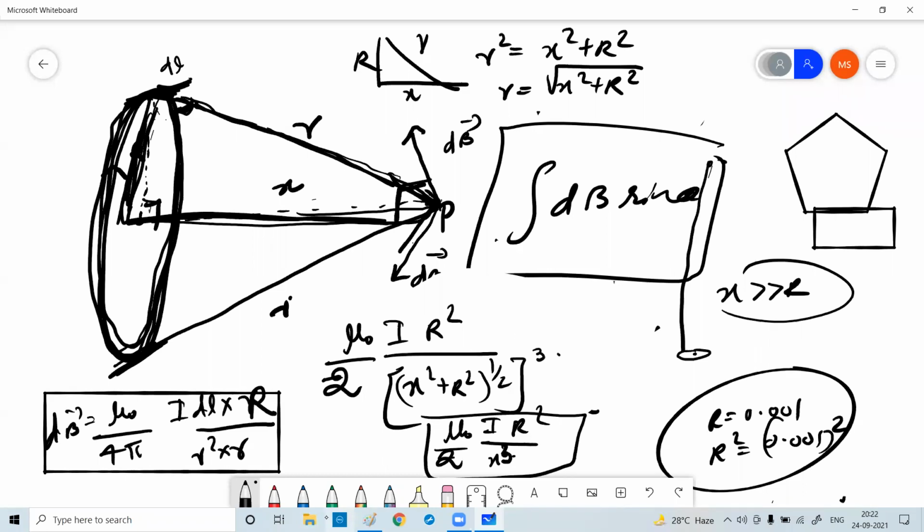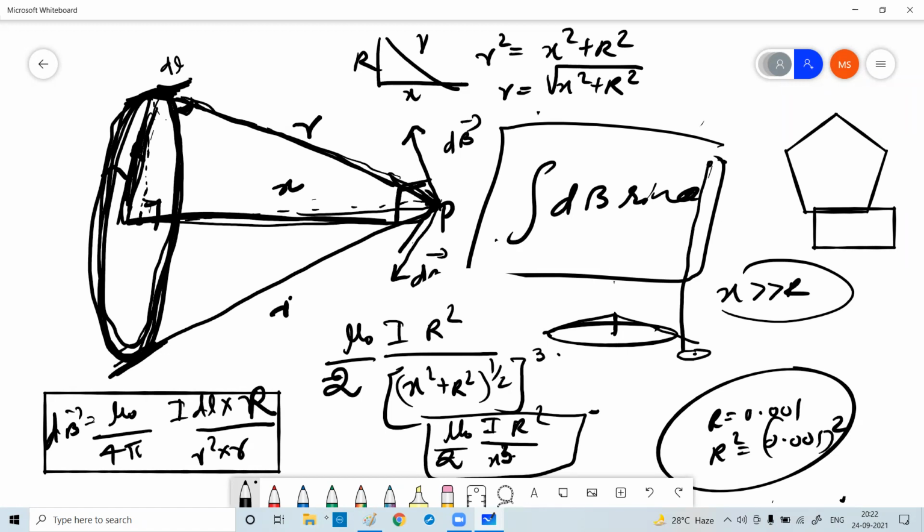Similarly, if your radius is very big, that means you have a ring where the radius is very big, but the distance here is very small. So can I let go of this x square? Your x square becomes 0.